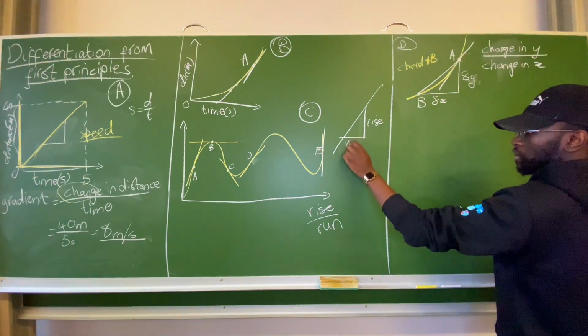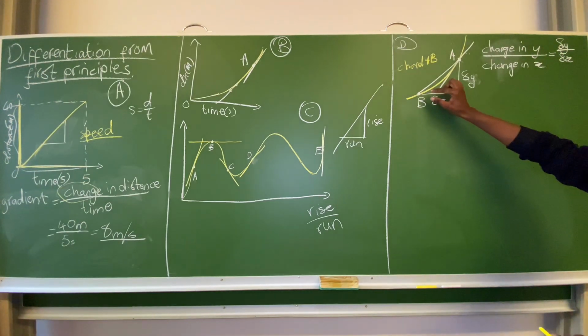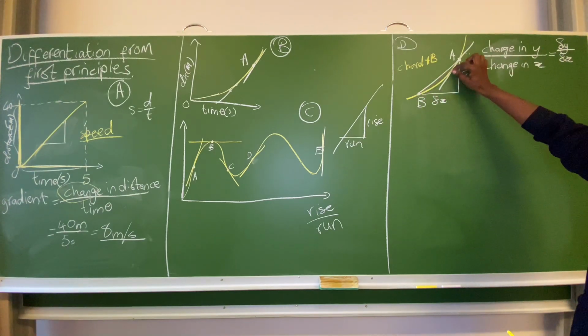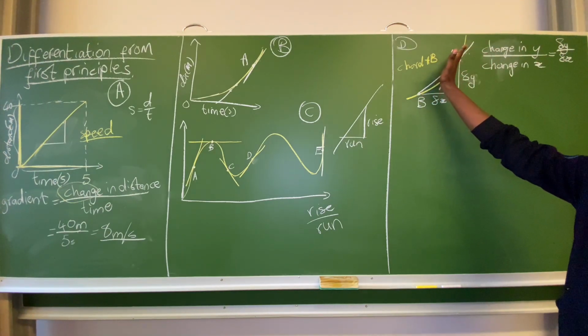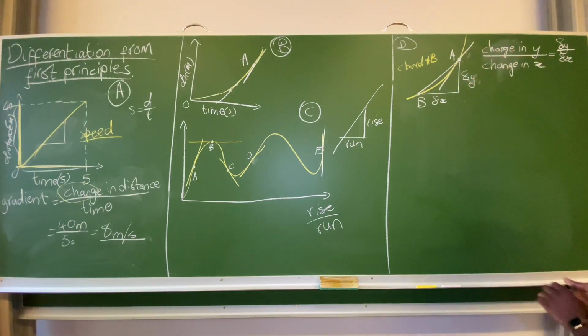Rise there, run there. So in this graph, this is denoted by the small change in Y over the small change in X. Remember that now we try to move B closer to A so that the gradient of the chord gets closer to the gradient of the tangent at A.